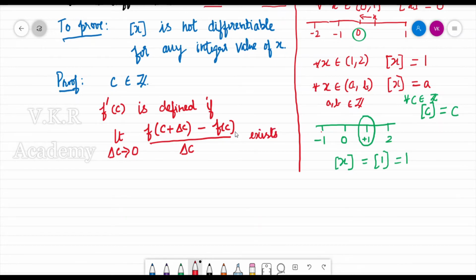So if this limit exists, we say f dash of c exists.